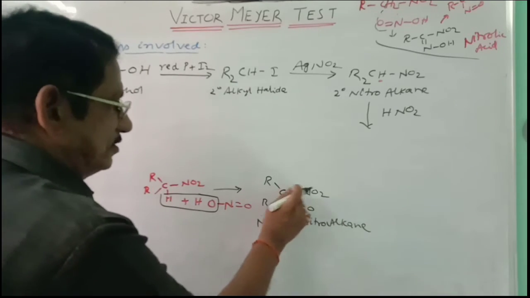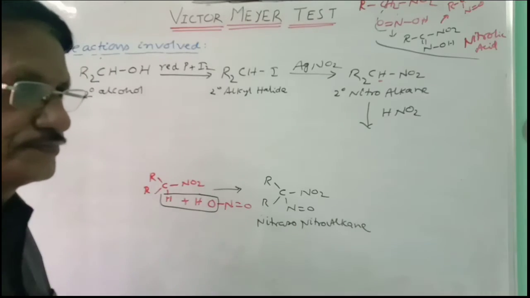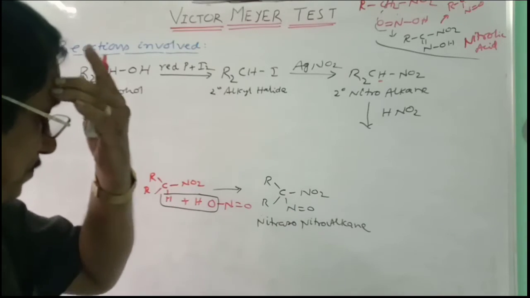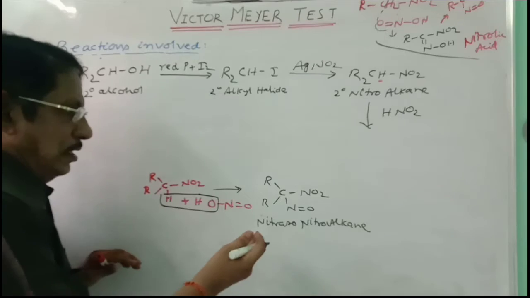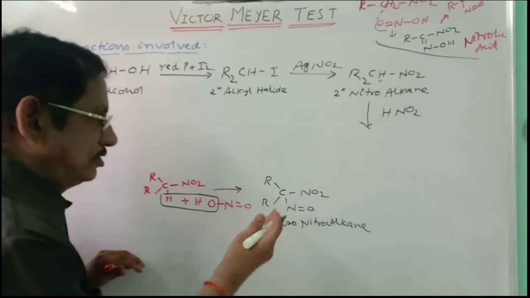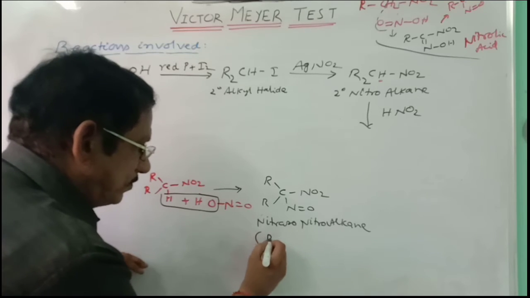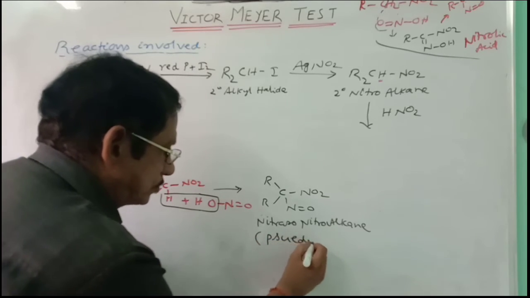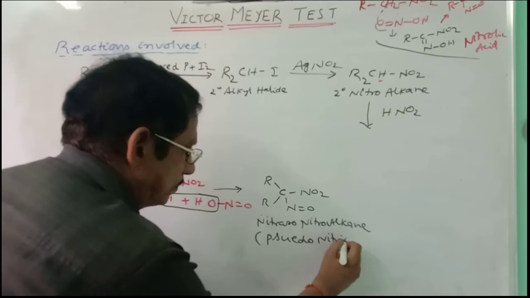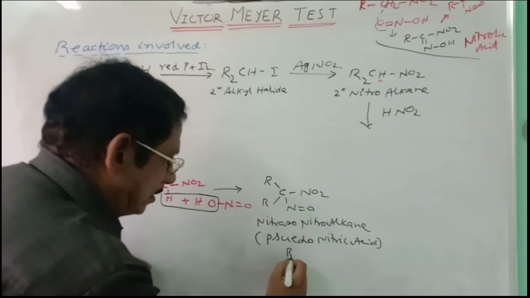And there is no alpha hydrogen here. There is no alpha hydrogen. And so here, anyhow, it is showing acidic character once again. This can sometimes be referred to as pseudo-nitrolic acid. This is blue in color.